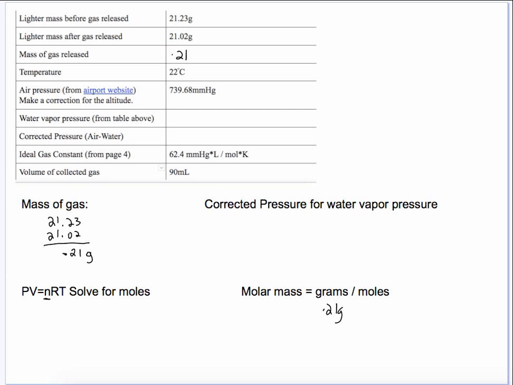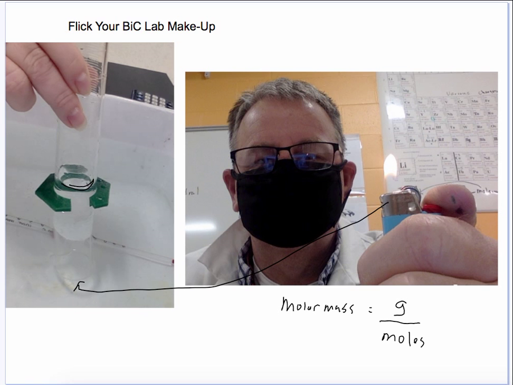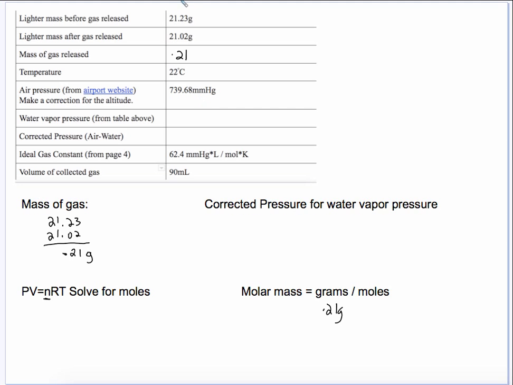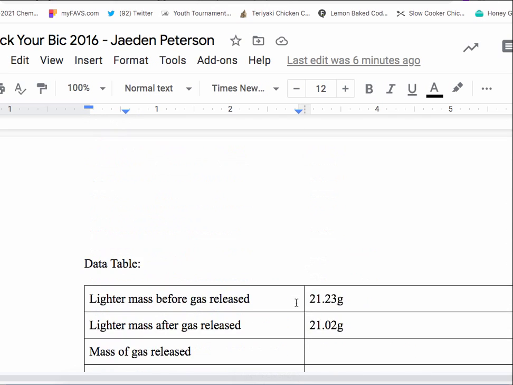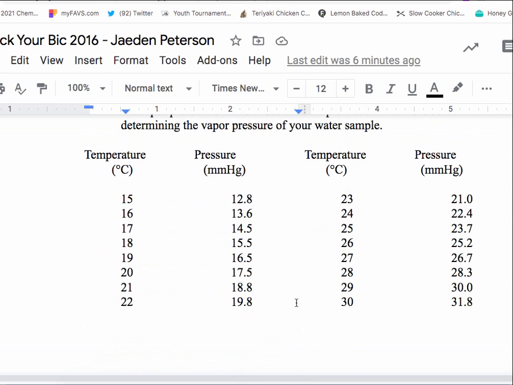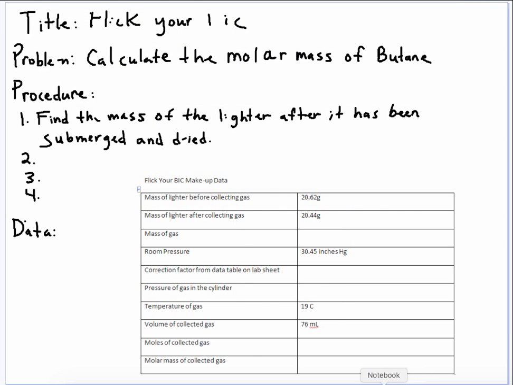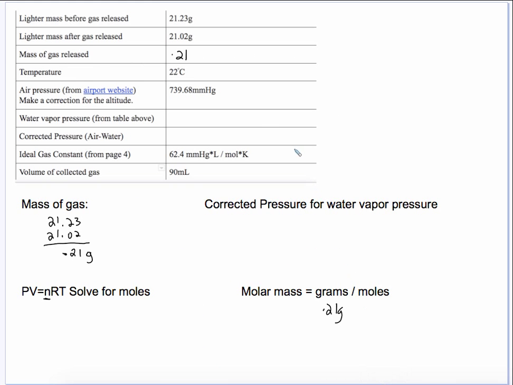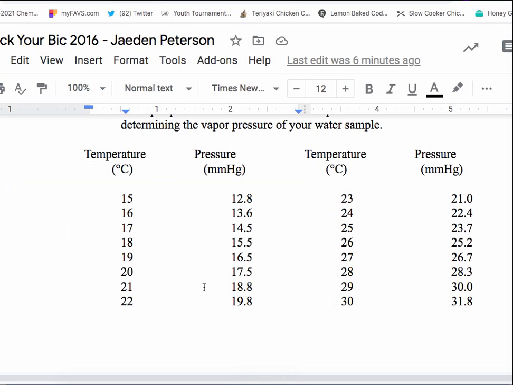What we have to do is go to the table that was in the lab. This person had 22 degrees Celsius, so if you go to 22 degrees Celsius, the correction for 22 is 19.8.